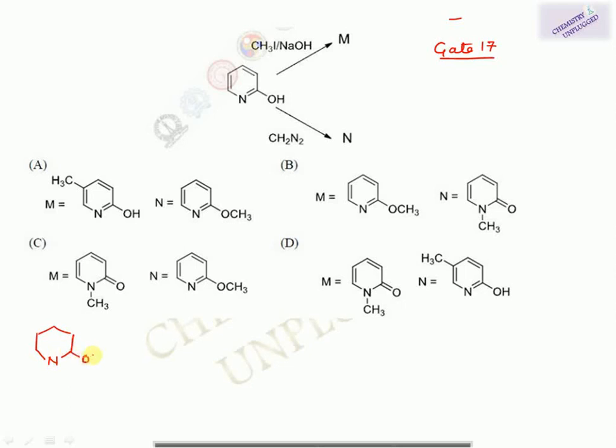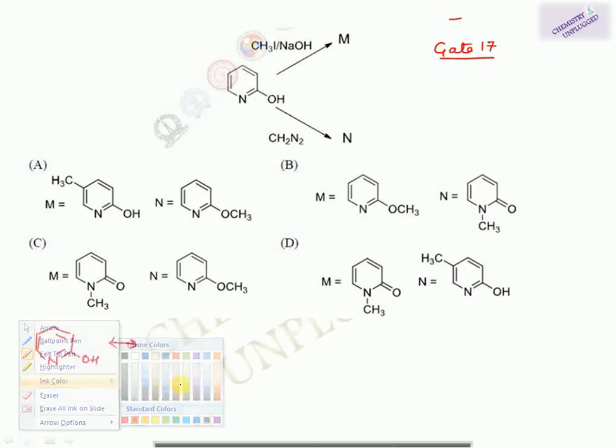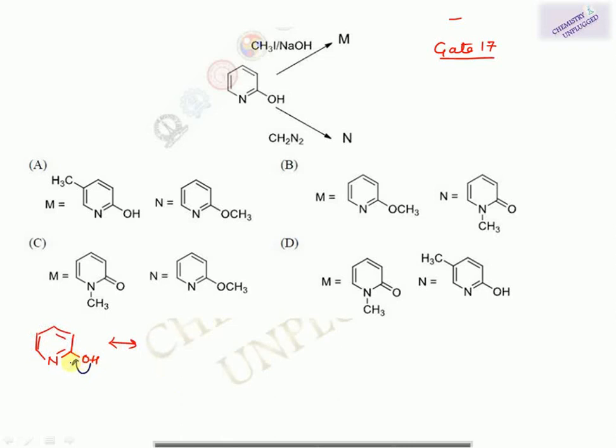First we will try to find M. This pyridine is substituted with OH at the second position. So it can show tautomers, and this H can come to this place. I can write it like this, and these two can participate in this reaction.